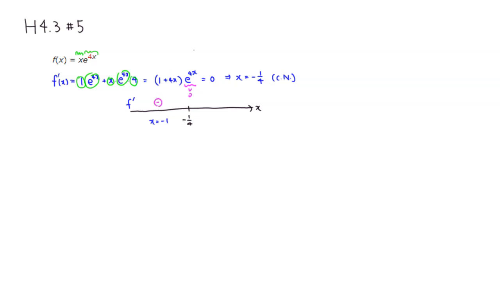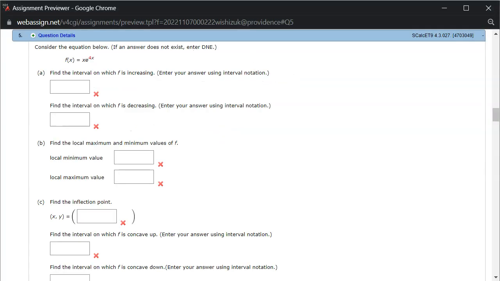We're going to try anything bigger than negative 1/4, so I'm going to try 0. 1 plus 0 is going to be positive, so everything is positive. So we know that the original function is decreasing before negative 1/4 and increasing after negative 1/4. Let's type it in.